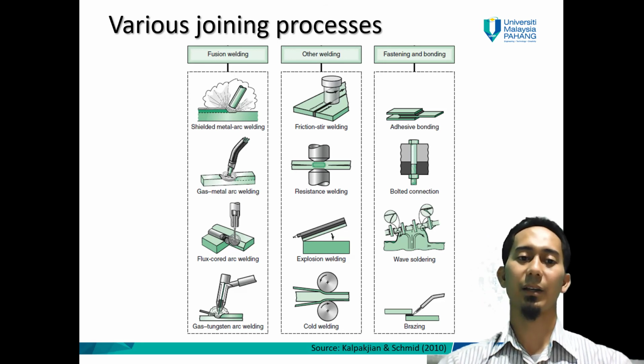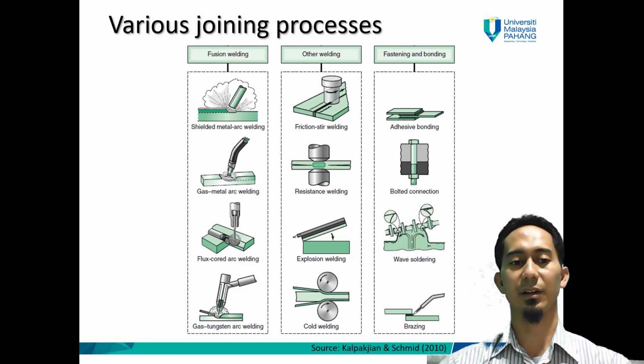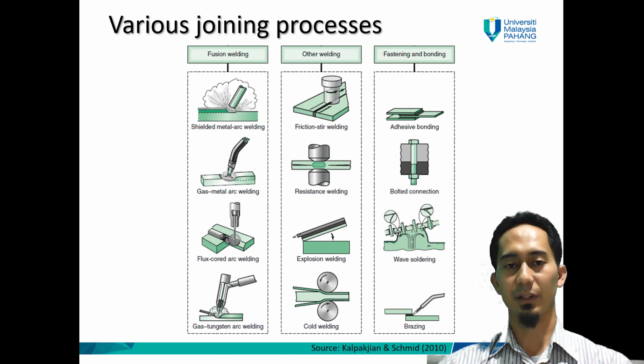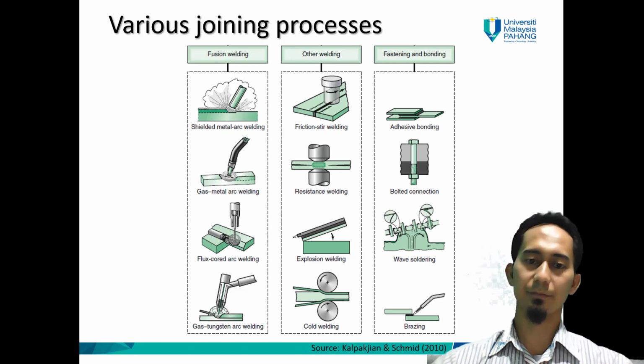Then we go back towards fusion welding and other welding, which is solid state welding. So in both cases here we have shielded metal arc welding, gas metal arc welding. I think you're familiar with both of these. We also have for solid state welding, friction stir welding, explosion welding, cold welding, etc. And this will be taught in more detail afterwards.